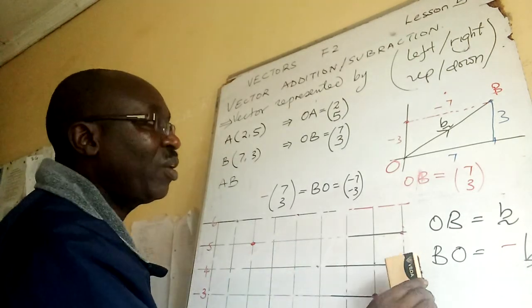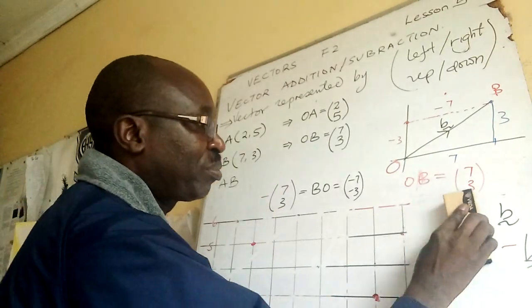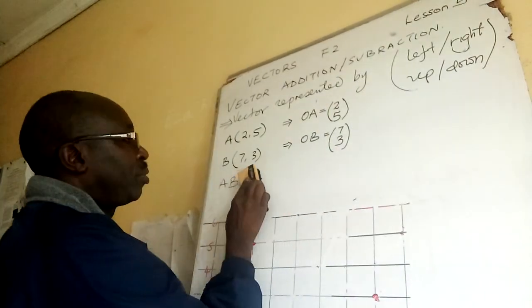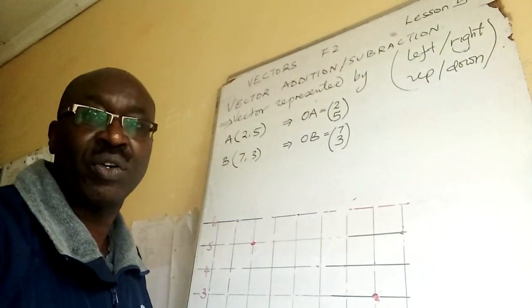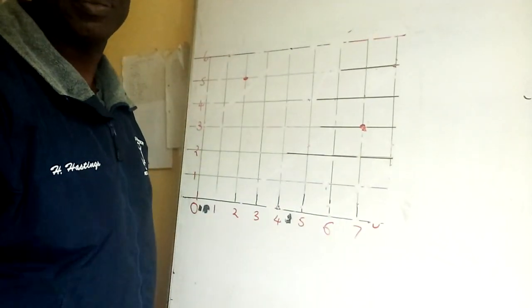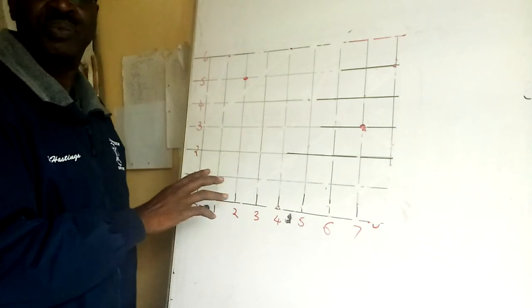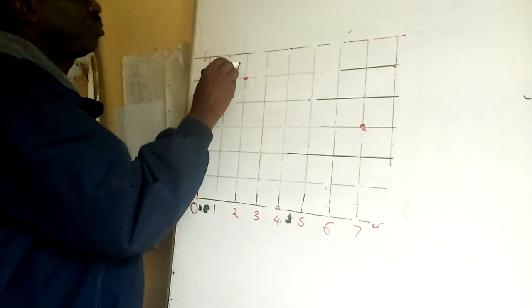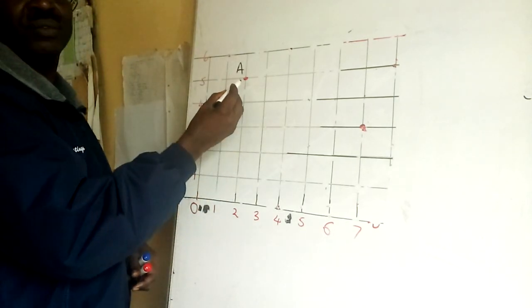Okay, so now let us try to do something simple here. I want us to focus now on the question down here. We put now our A here, which is 2, 5.